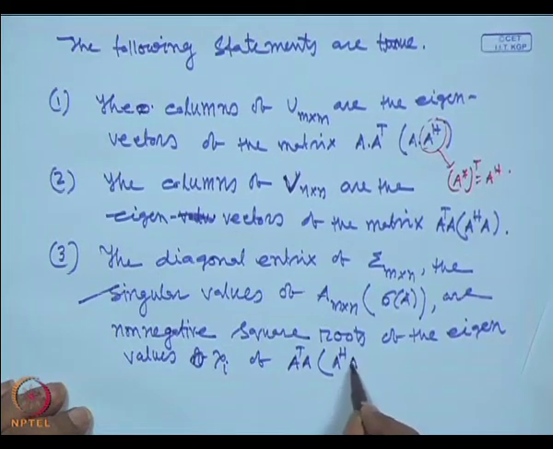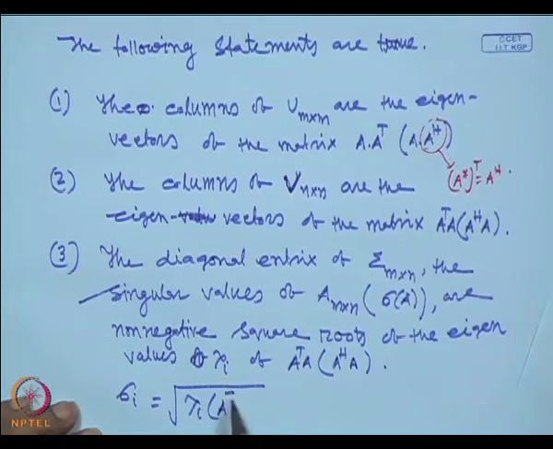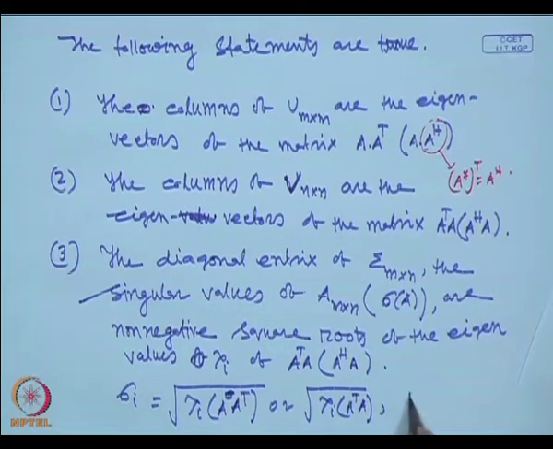That is, sigma_i is the square root of lambda_i of A transpose A, and i varies from 1 to p, where p is the minimum of m and n.